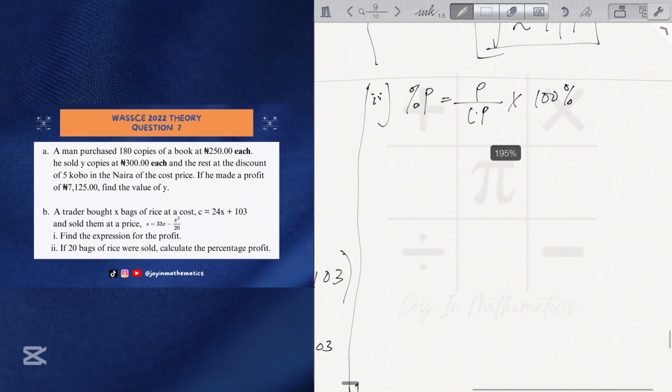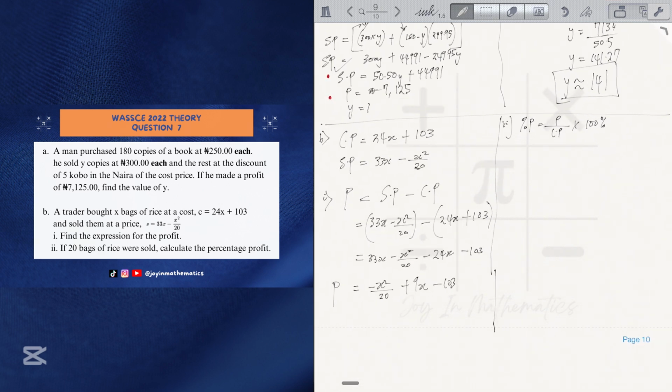Now we have an expression for cost price to be this. So let's duplicate. And in the same vein, we have our expression of cost price. This has our expression of profits. We can also have our expression of cost price to be this.